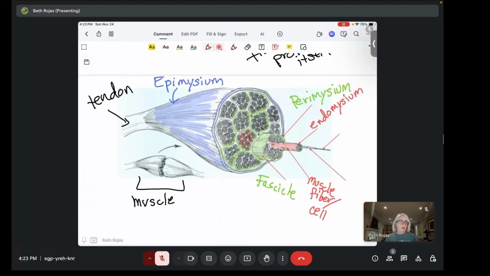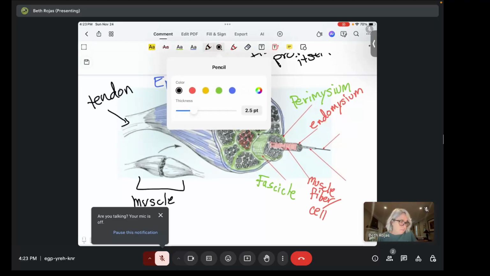Okay, all right, now the last two things are even smaller than a muscle cell. These are called myofibrils, which is basically like an organelle. If you think of an organelle like a mitochondria or a nucleus, myofibrils are considered organelles or cell parts. So this is a myofibril.